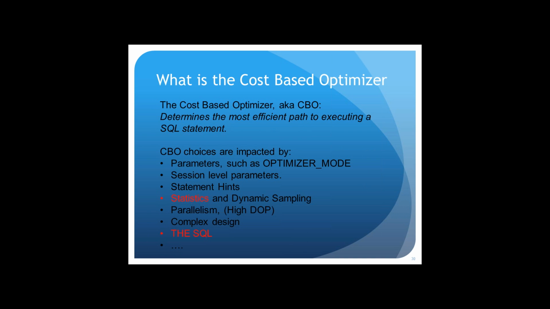So what is the cost-based optimizer? The CBO determines the most efficient plan or path to executing a SQL statement. The cost-based optimizer took over for the rules-based optimizer, and the rules-based optimizer just said, if there's an index, use it. There's a table, use it. It was pretty basic.